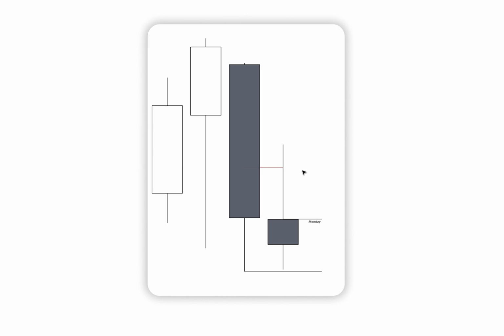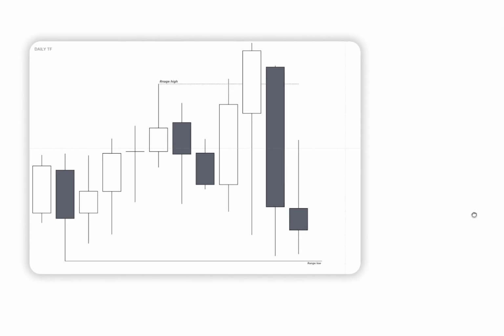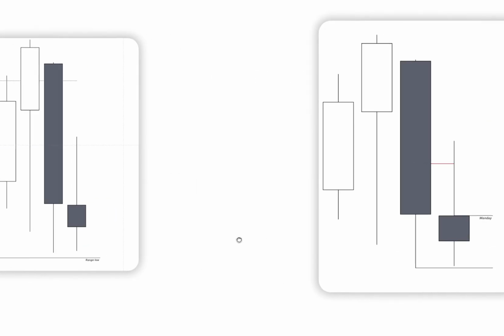Favorably, we want price to stay below the equilibrium if you seek to continue lower. In this case, I was looking for Monday to take the low of Friday and ultimately take the low of the range, which is here, right?